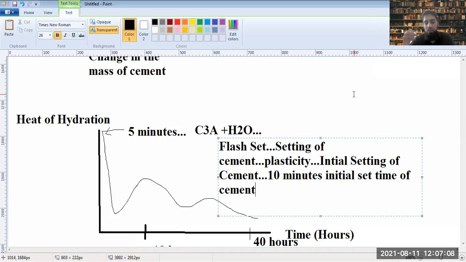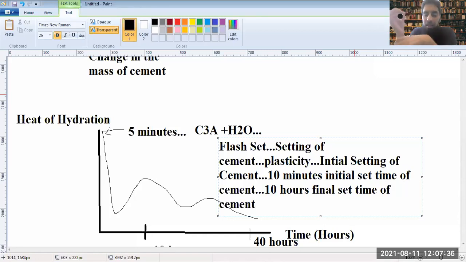That test drops a needle, and that needle penetrates through the cement within those first 10 minutes. After 10 minutes, that needle will penetrate lesser and lesser into the cement. So after 10 hours, we get a final set time of cement.